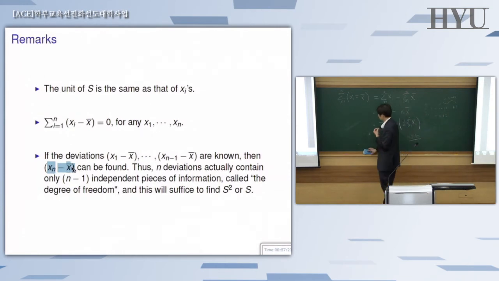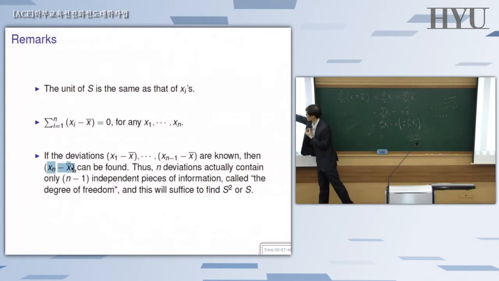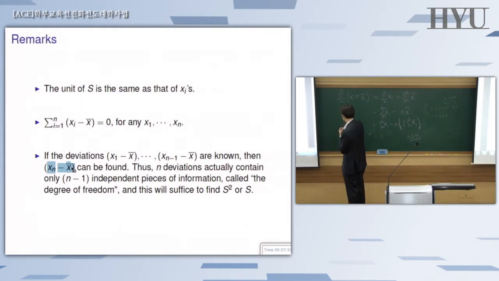So think of 3 numbers. The last one is not known. You do know that the sum of them is 0.